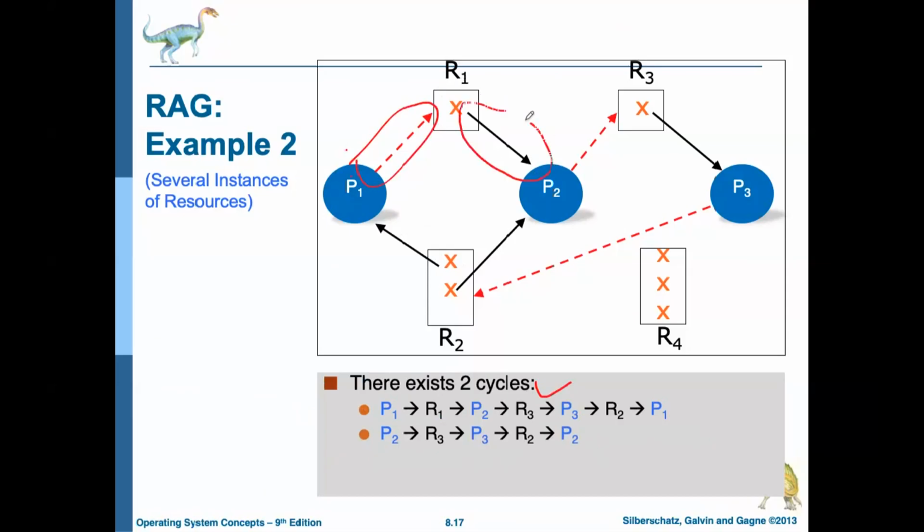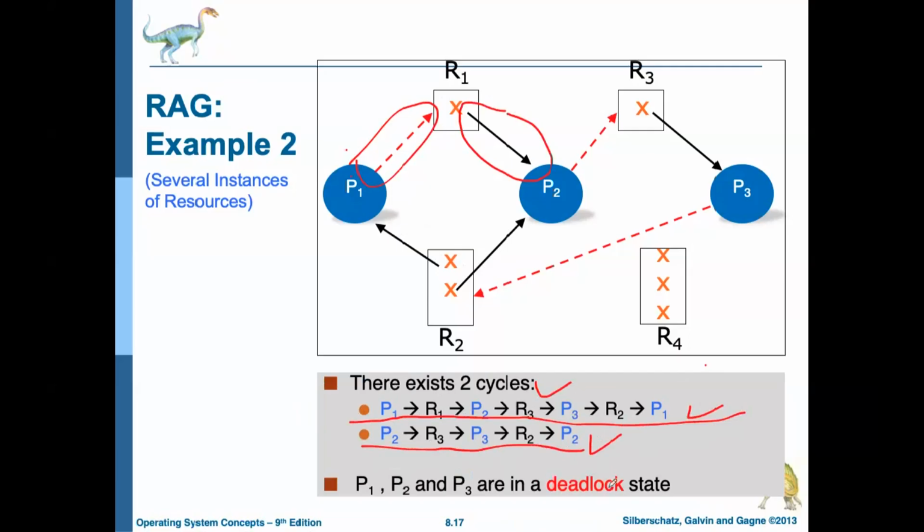This one is another request, and there are also assignment edges, some requests, please check that one. Very straightforward. Try to understand this. The first cycle is this one, the first scenario for a cycle. We got two cycles, or two scenarios like this, for example.